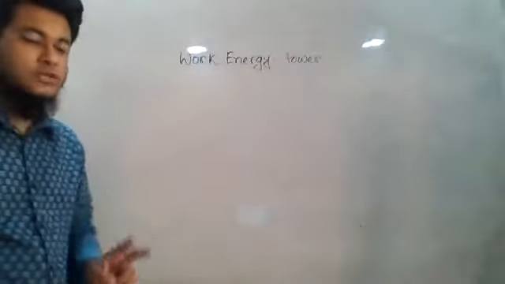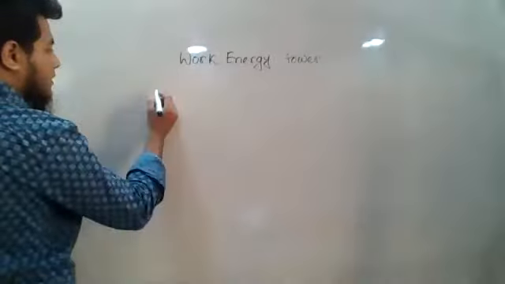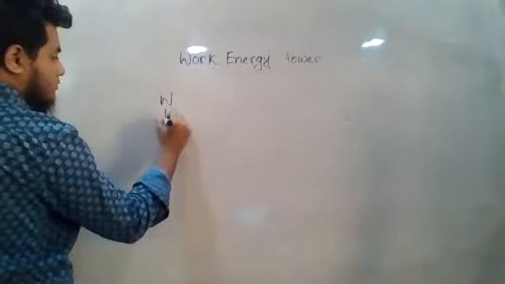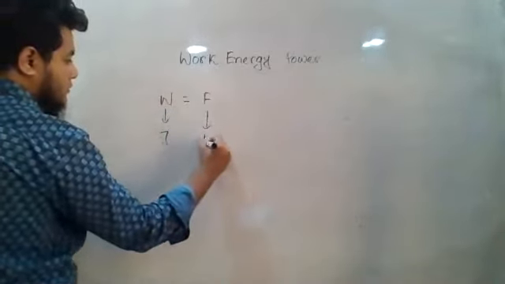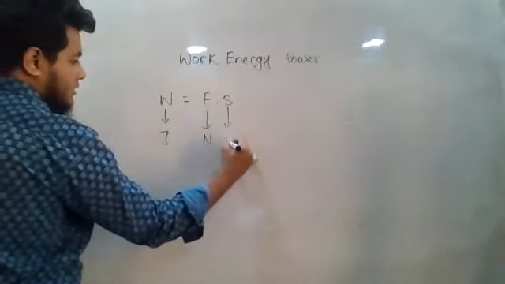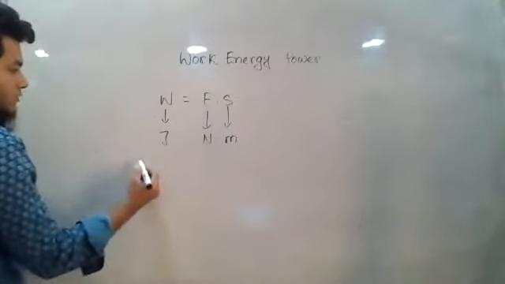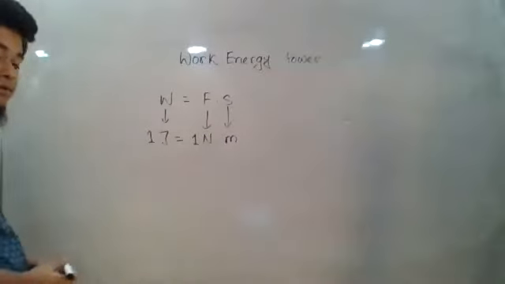Acha. Now, for 2 marks, one question might come. Let me discuss that. We know that the unit of work is joule, the unit of force is Newton, unit of displacement is meter. So what I can write from here, 1 joule is equal to 1 Newton meter, right?